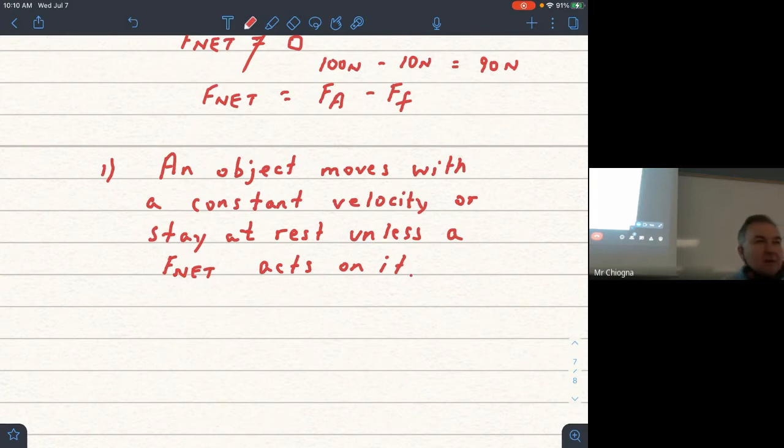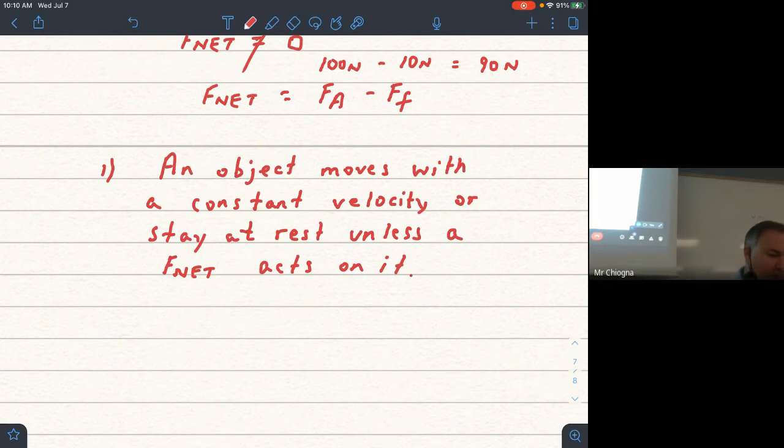That's the first law. Really, we don't see a lot of it here on Earth because there's friction, there's air resistance. But if you were in space and you threw a ball, it would keep moving in a straight line, unhindered.